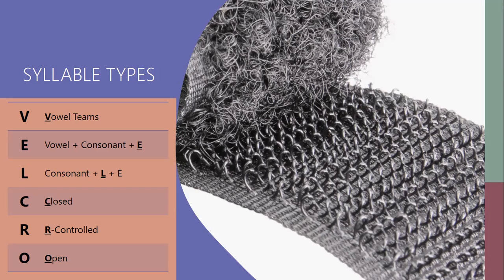The consonant plus L plus E, like in the words nestle or little, we also call this the syllabic L. If you listen to the word little, there's not much of a vowel there, so that's its own syllable. So the syllabic L, closed syllables, the R controlled syllables, and then the open syllables.